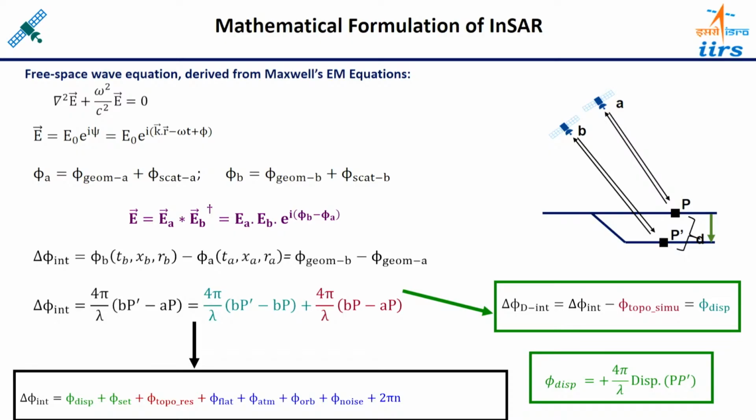It means at the time of selection of the images for the interferometric applications, whatever images you have acquired are governed by certain baselines: temporal baselines, spatial baselines, and the Doppler baselines. All the baselines are not 0; some finite baselines are there. Since they are not 0, the signal is already decorrelating.